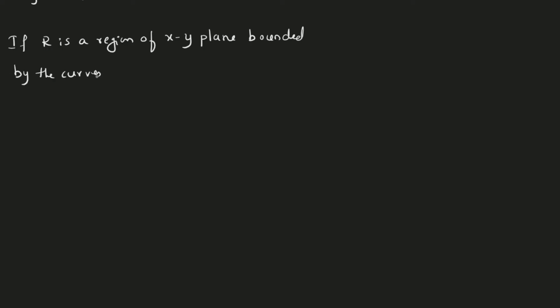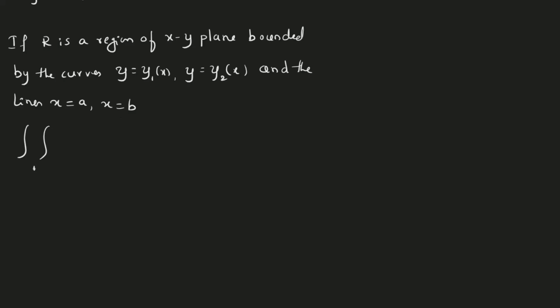You can take two curves, y equal to y1 of x and y equal to y2 of x, and the lines x equal to a, x equal to b. Notationally, we can write it as the double integral over region R of f of xy dx dy.